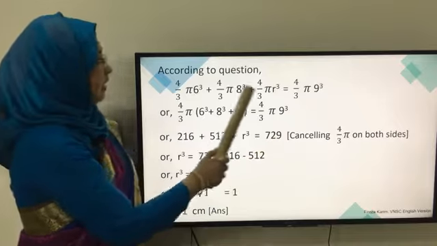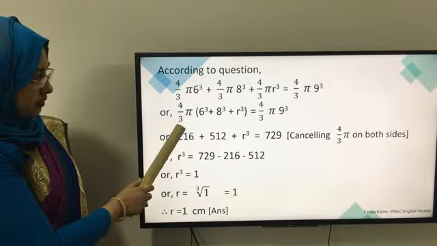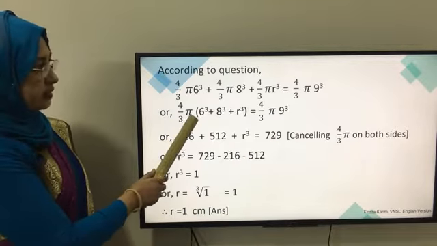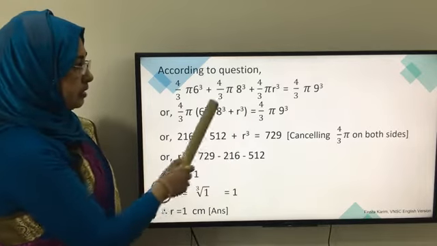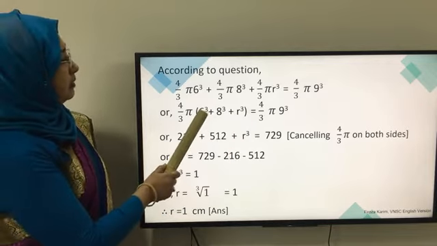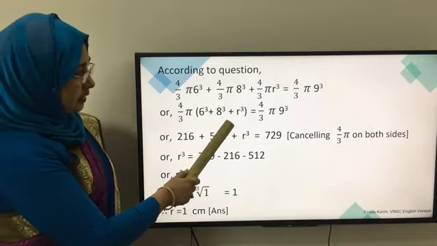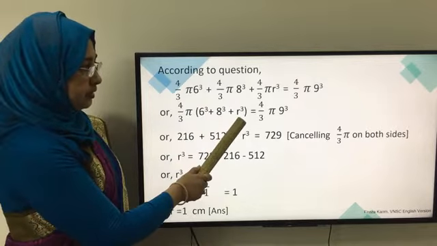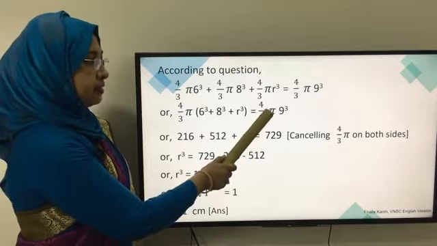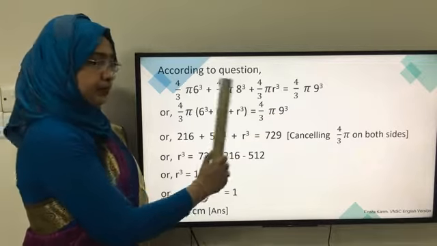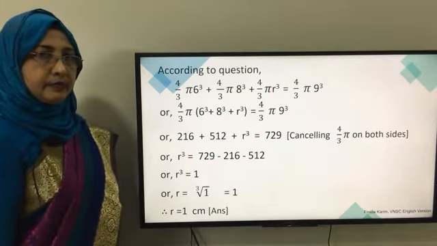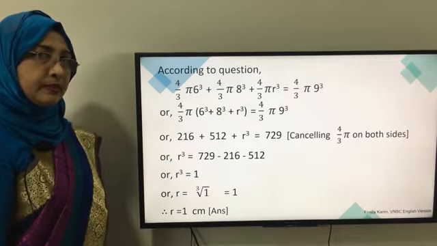Okay, and 4 by 3 pi is common for all the terms, so within the bracket we are writing 6 cubed plus 8 cubed plus r cubed, and on the right hand side this is 4 by 3 pi 9 cubed. Have you done, girls?